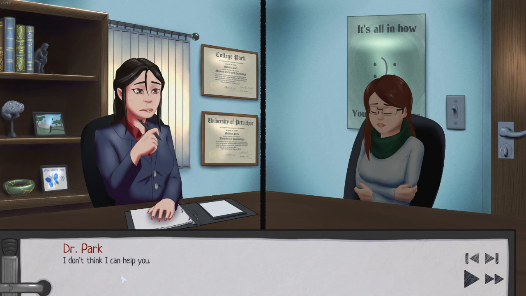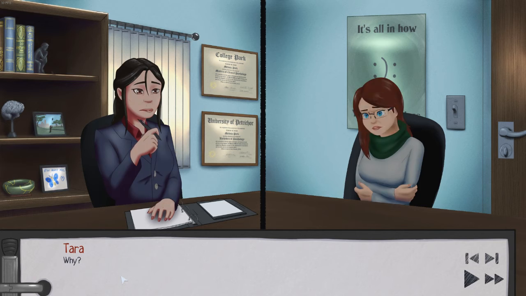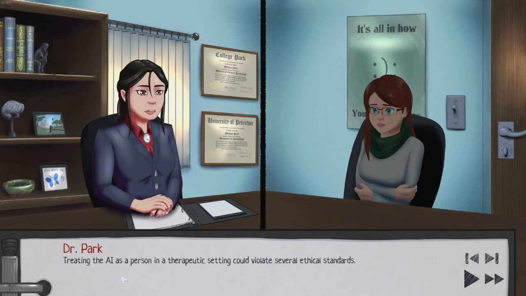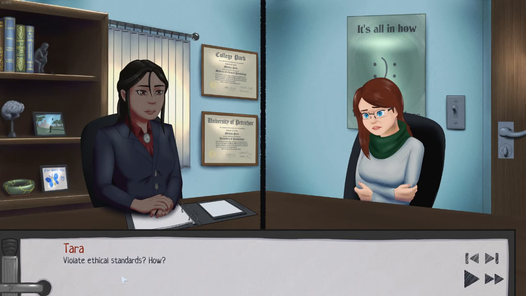I don't think I can help you. Why? Treating the AI as a person in a therapeutic setting could violate several ethical standards. Violate ethical standards? How?